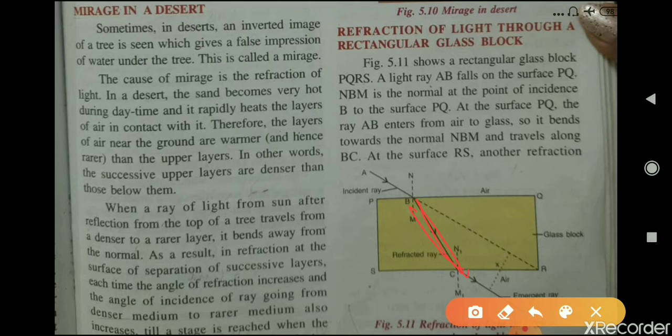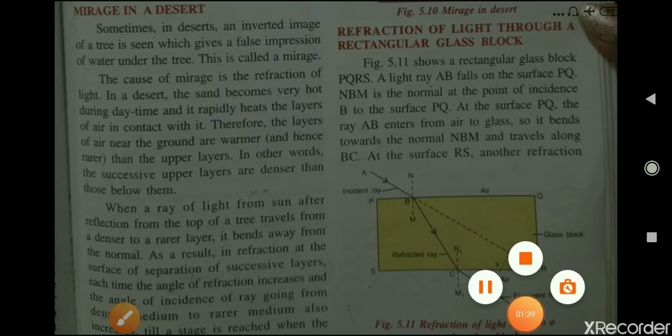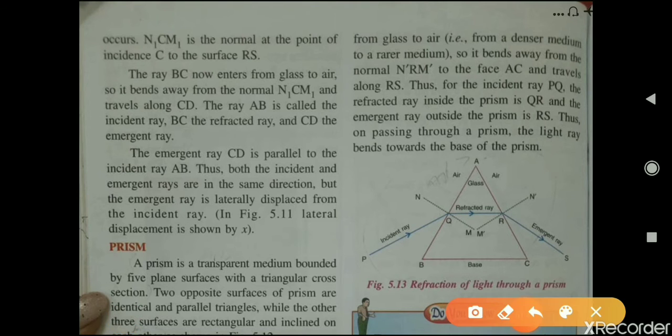Now at the surface RS, this ray BC, the refracted ray, is the incident ray for this surface RS. N1CM1 is a normal at the point of incidence C to the surface RS, and the ray BC now enters from glass to air.